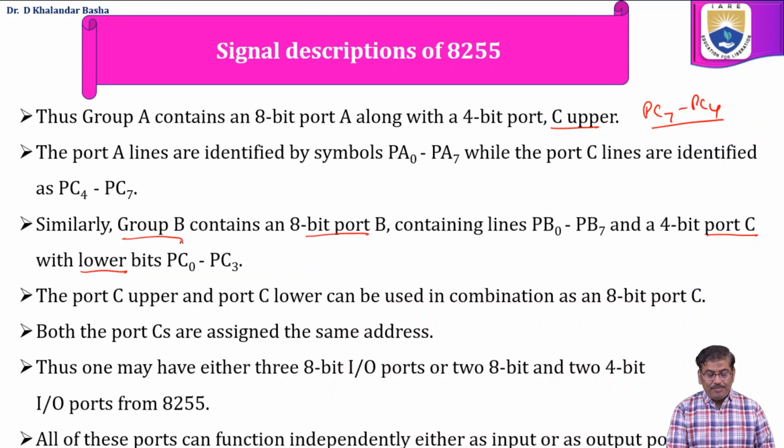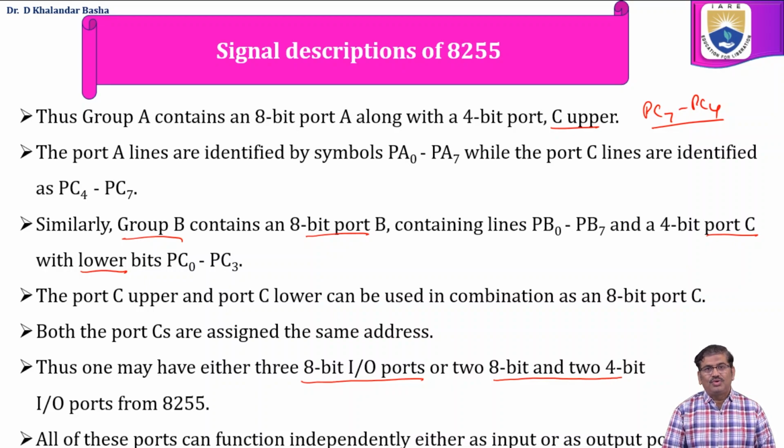So the port C upper and port C lower can be used in combination as 8-bit port C, with the port C assigned the same address. Thus, one may have either 3 8-bit I/O ports or 2 8-bit and 2 4-bit I/O ports.